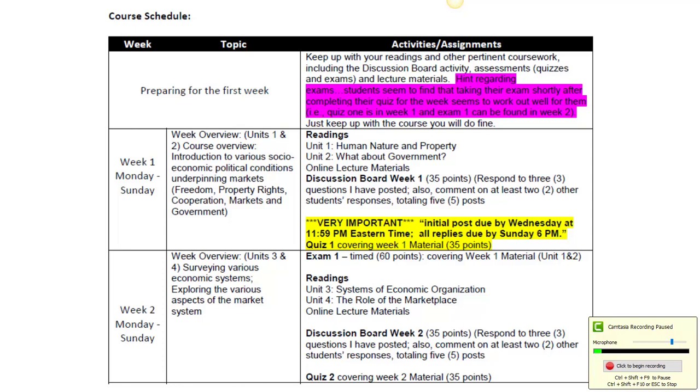The first thing you should probably do when you get into week two is exam one. Exam one covers the previous material. The exams are timed, whereas the quizzes are not, so you can come and go on the quizzes. And by the way, with the quizzes, I do offer you the opportunity to go back and correct them, meaning to send me an email with the corrections, just for the quizzes, not the exams. If I have a true false question and you answer it incorrectly, I don't want you to just send back the correct answer.